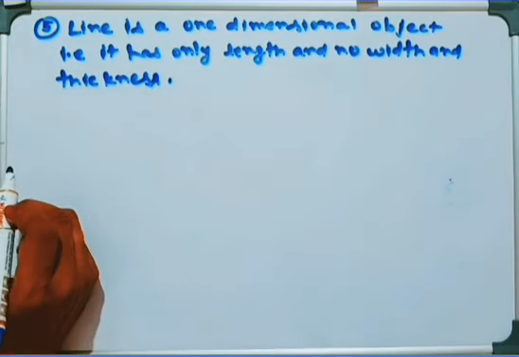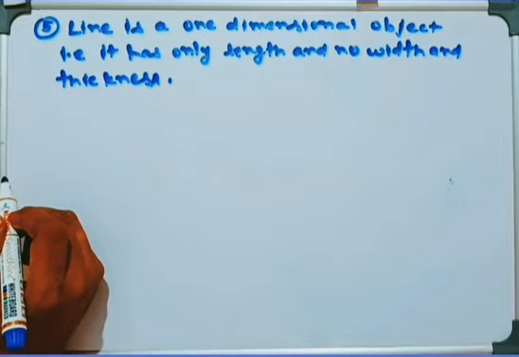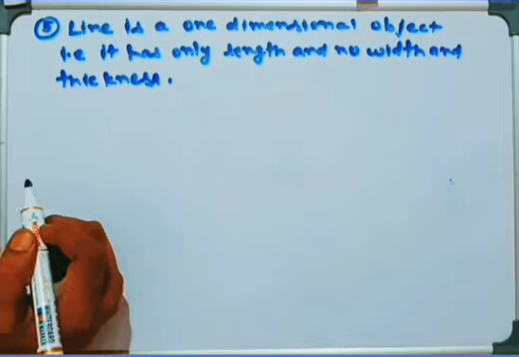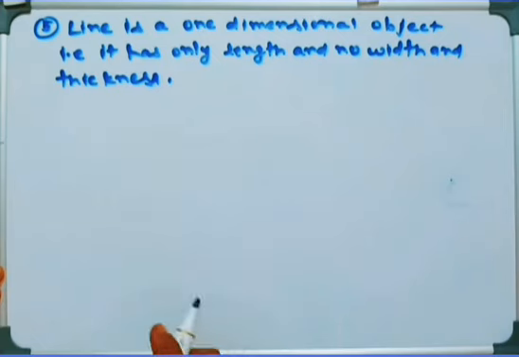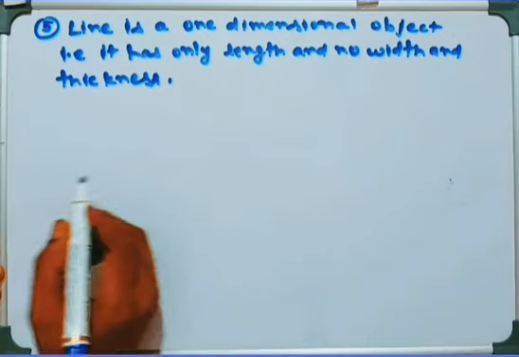Now, as we know that lines can be extended up to infinity, so we cannot draw it on plain paper. Then how could we draw it on plain paper? See here.